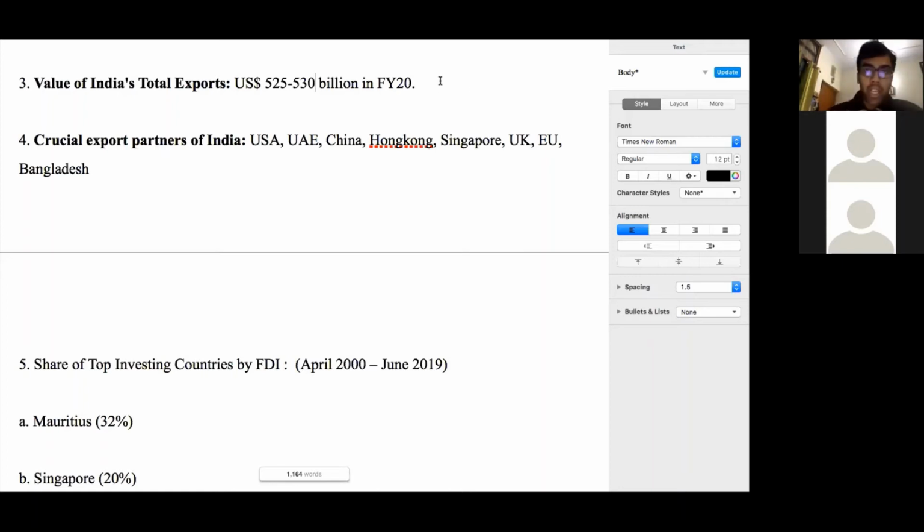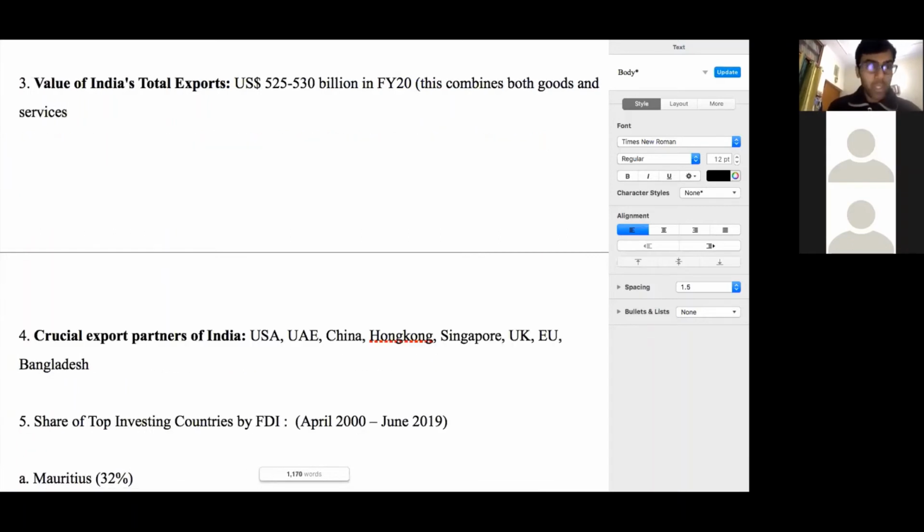Okay, let me just make a correction. In fact, it's a very good question that you asked. Let me make a small correction, and I sincerely apologize, I made a minor error here. This combines both goods and services exports. Goods exports were US$320 billion in FY 2019-20.